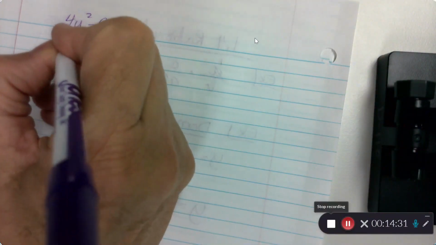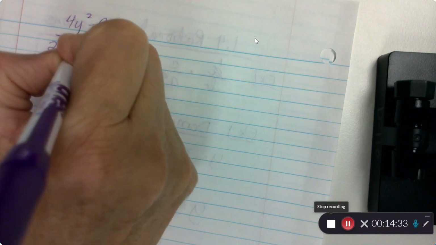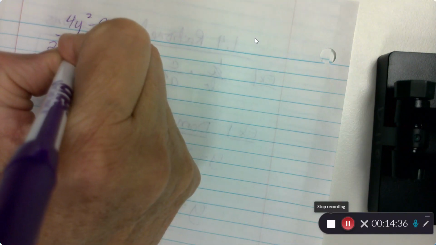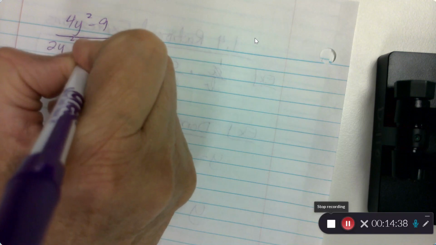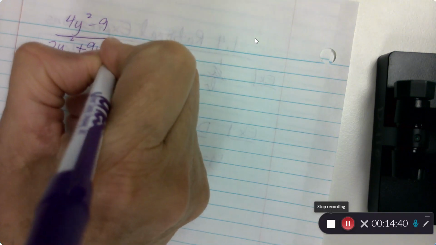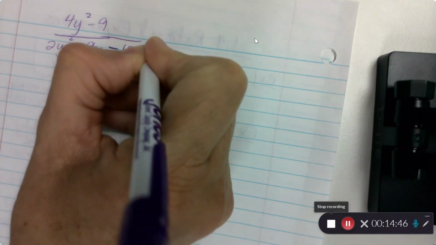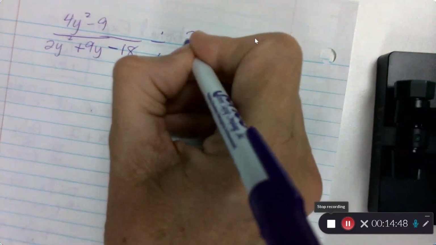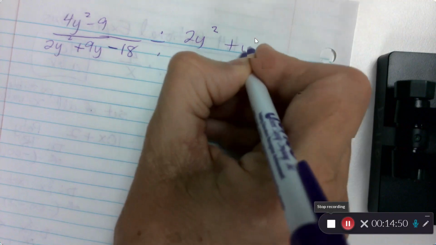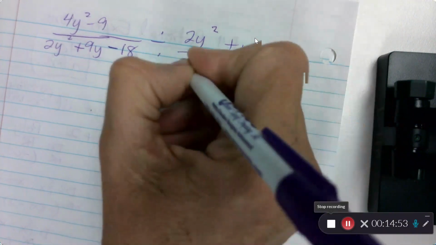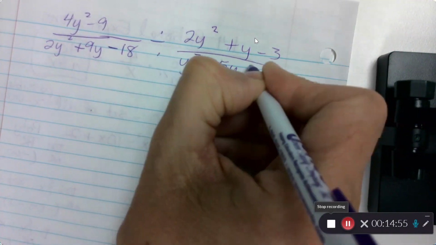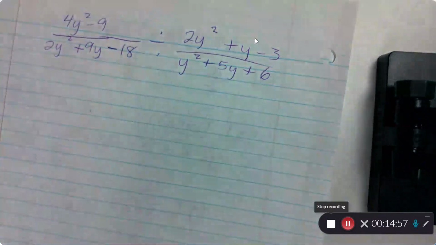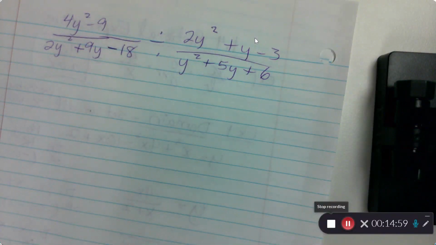Is that visible? 4y squared minus 9 over 2y squared plus 9y minus 18, divided by 2y squared plus y minus 3, over y squared plus 5y minus 6.